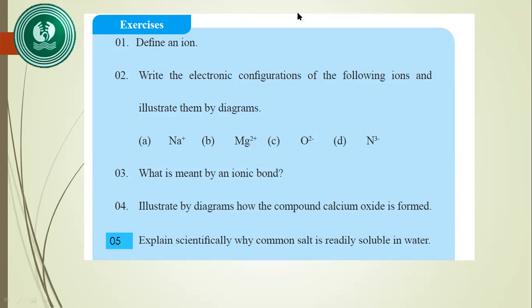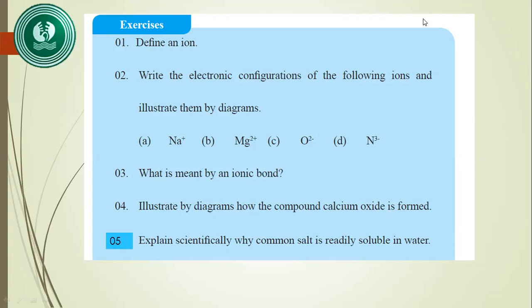Here in calcium oxide, the cation is calcium 2+ and the anion is O2-, that is oxide. So calcium's atomic number is 20, and the electronic configuration is 2, 8, 8, 2. It loses the last valence shell electrons and gets the stable electronic configuration of argon.